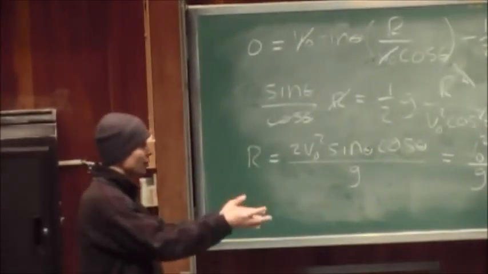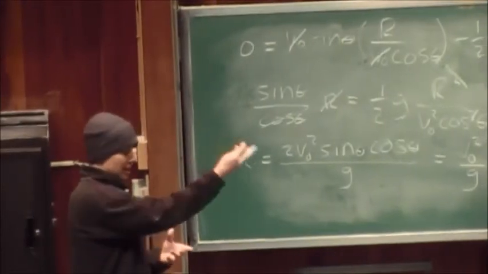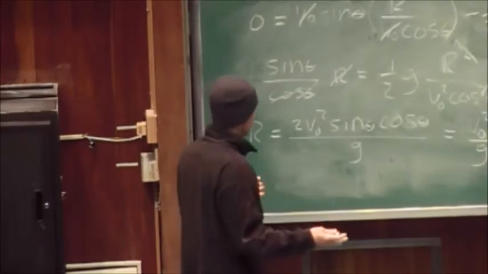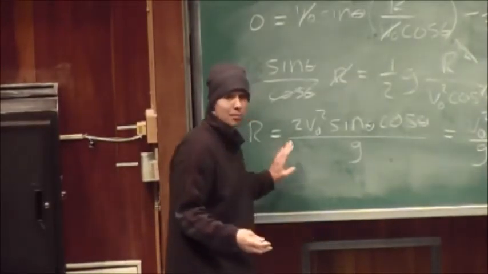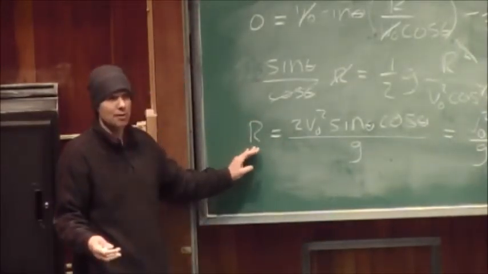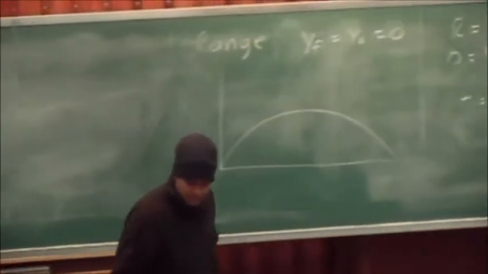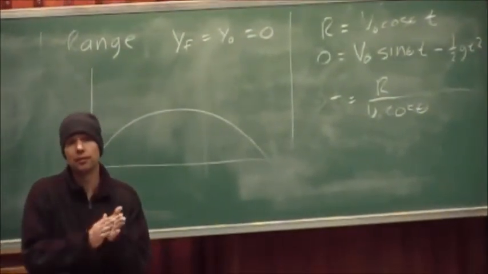So if things are moving slowly, or if the projectile is very dense with respect to the air and moving relatively slowly, then this is a pretty good approximation to what actually happens. Okay, any questions?